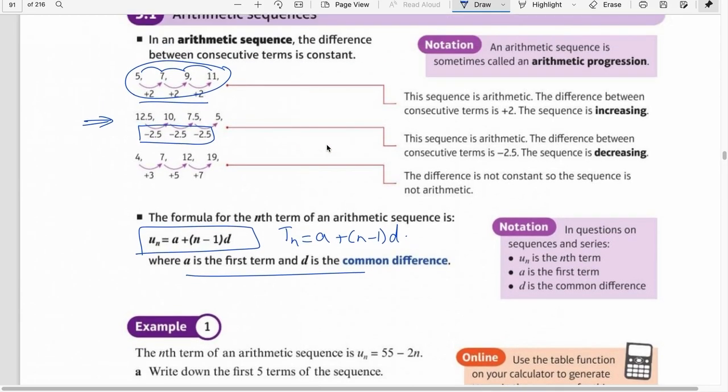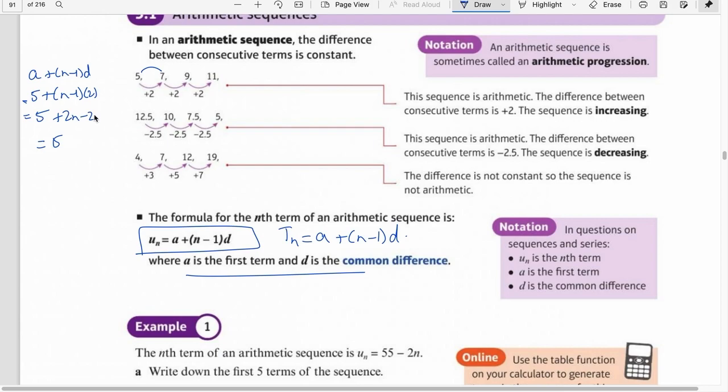If we work out this formula for 5, 7, 9 and 11, the general formula would be a plus n minus 1 times d, where a is the first term, which is 5, and d is the common difference, that is 2. Keep on simplifying, 5 plus 2n minus 2, 5 minus 2 is 3, so that is 3 plus 2n.